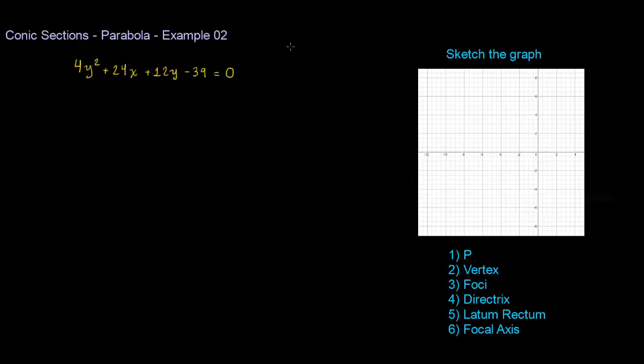So as the y is squared, it means it's going to be a horizontal parabola. Now, in this case, we have to use this formula: y minus k squared is equal to 4 times b times x minus h.